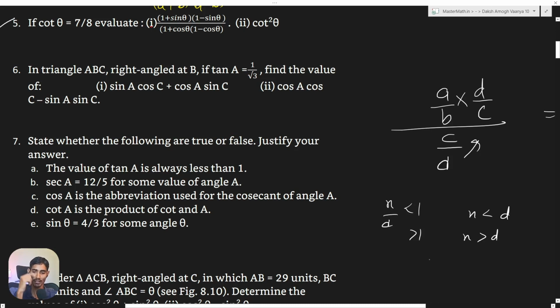This is what a fraction greater than or less than 1 means. And then you have trigonometric ratios, which are ratios of sides. Given these two things, one is ratio of sides and one is fraction ratios, now try to find for this first one, 7a, the value of tan is always less than 1. Just think about this.